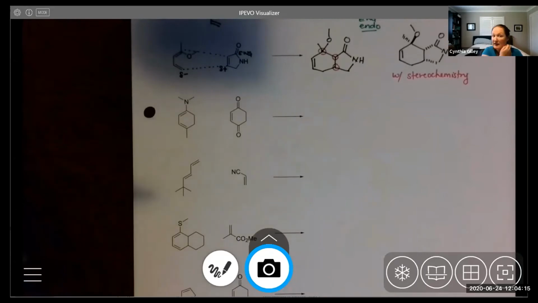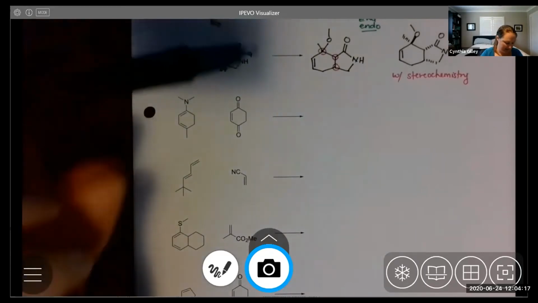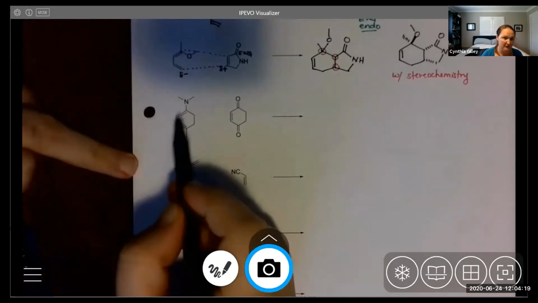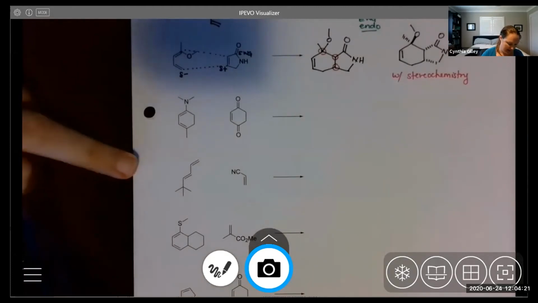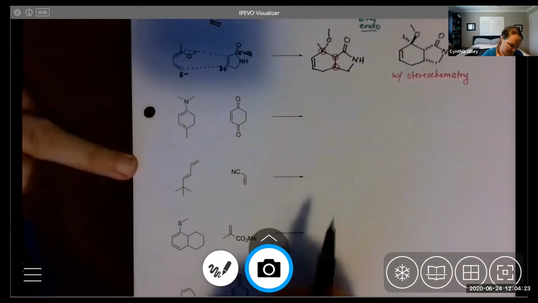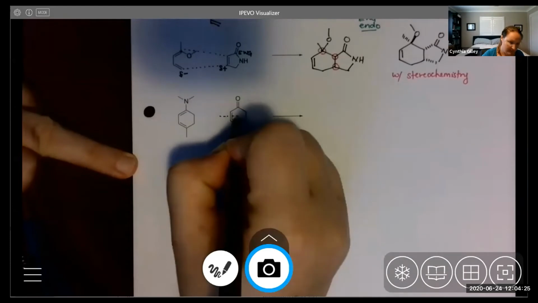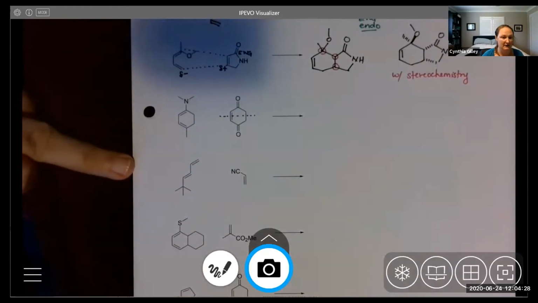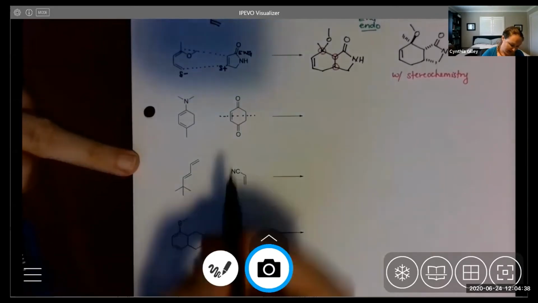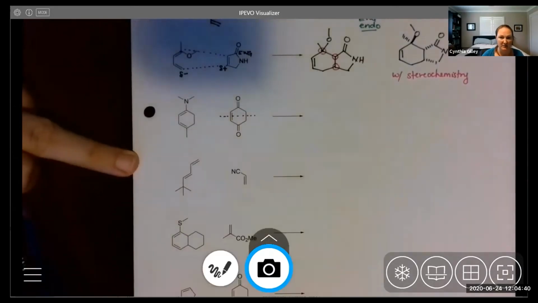So moving on to this one, our diene is already in an S-cis conformation. That's good. I'm looking for an internal plane of symmetry. I did find one in the diene, so I don't need to worry about regioselectivity. And I can start sketching in the product. Again, I've got 2 rings now, so this is going to be a bit of a challenge to draw.